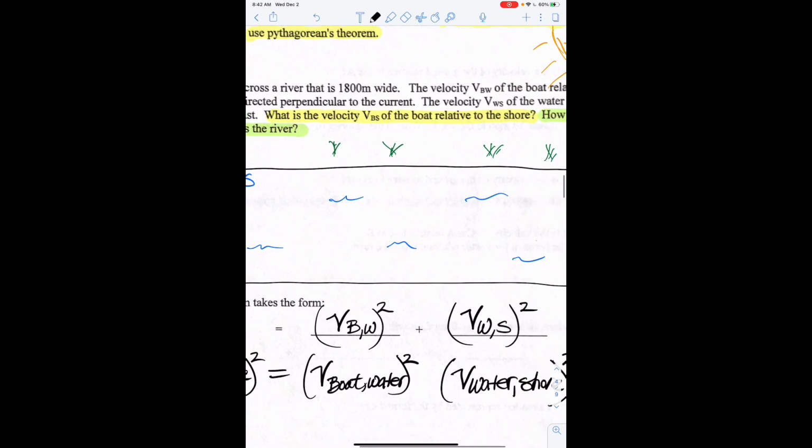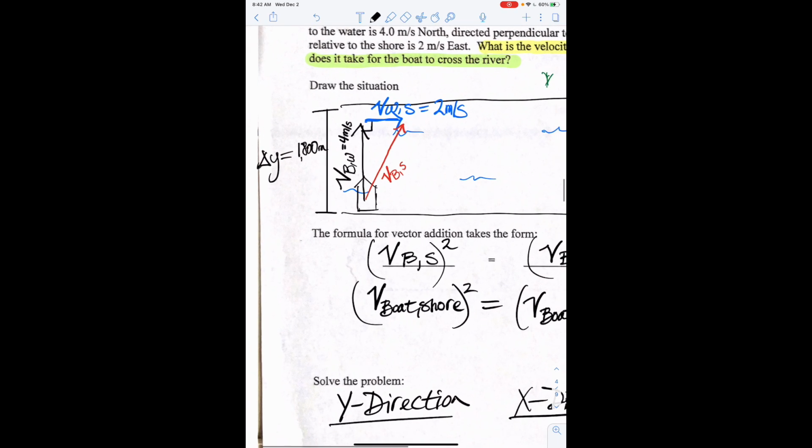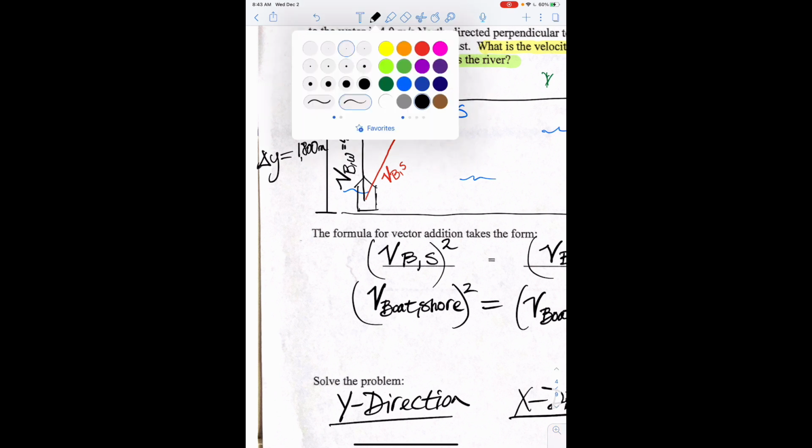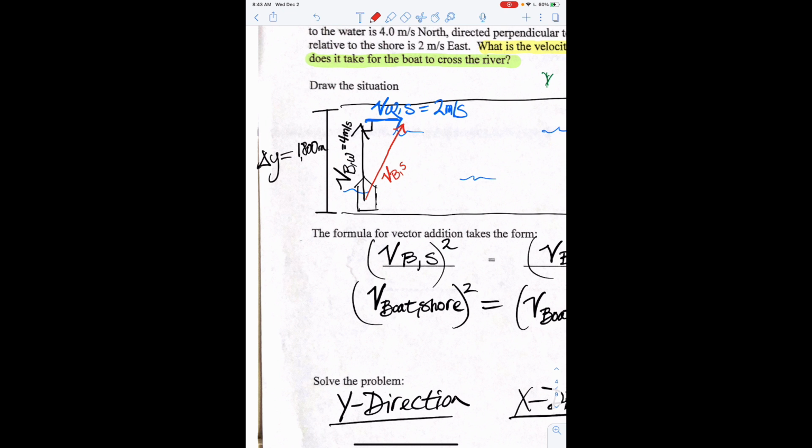But the second part, how long does it take for the boat to cross the river? So the boat, when it crosses the river, is going to try to go this path, right? The boat wants to try to go like this, directly across the river.